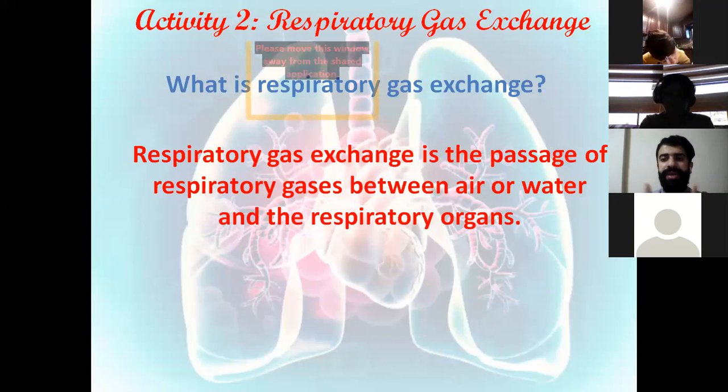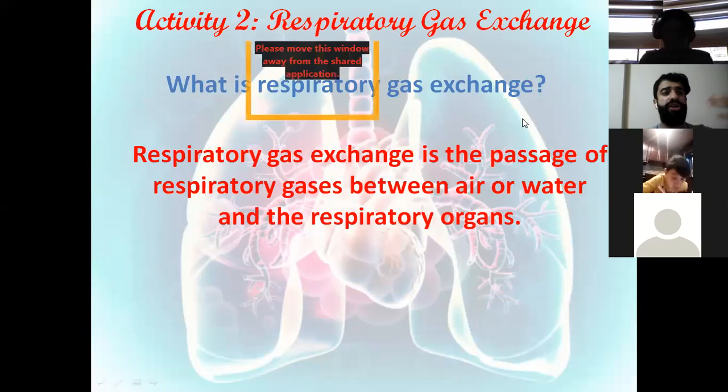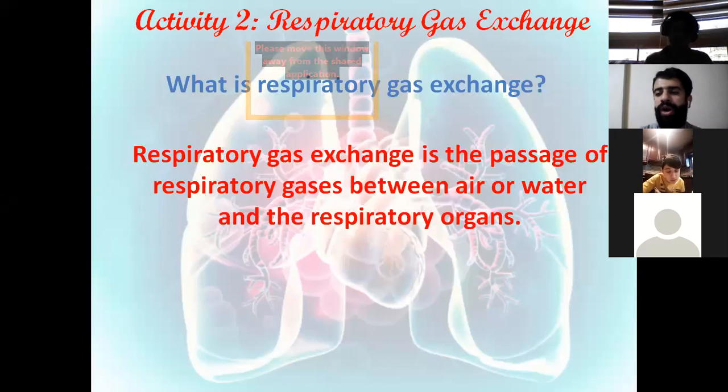It is the passage of the gases, meaning respiratory gases, between air, for animals living on land, or water, for animals living in water, and the respiratory organs. For example, the respiratory organ for the mammals is the lungs, for insects the trachea, and for the fish the gills.